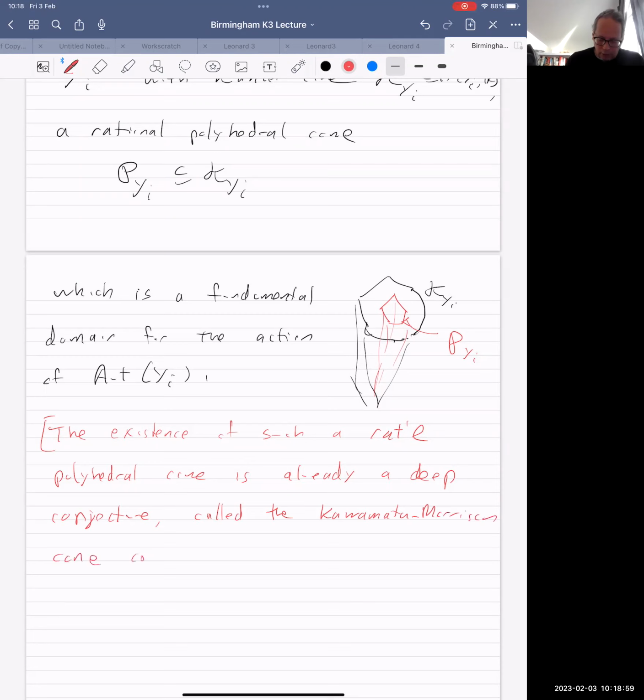Kawamata and others have done quite a lot of work on it. It's known in certain situations, but for a general Calabi-Yau threefold, it's certainly not known yet.